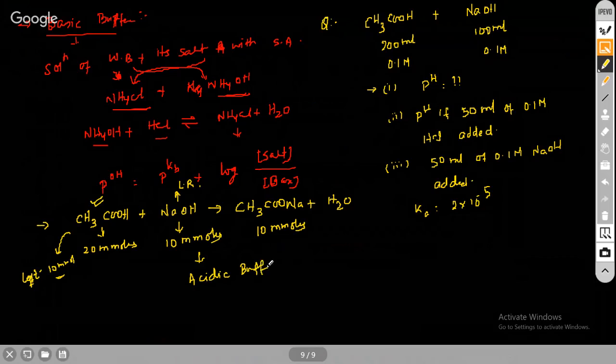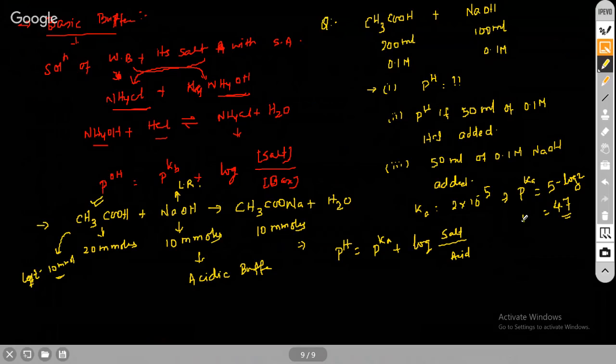Acidic buffer. This gives you pH equals pKa plus log of concentration of salt by concentration of acid. The pKa value you can calculate, that will be 5 minus log 2, which is around 4.7, or 4.69 you can say, right?